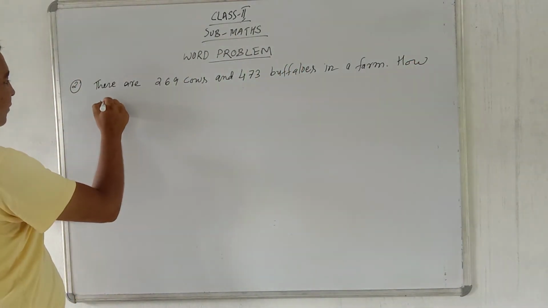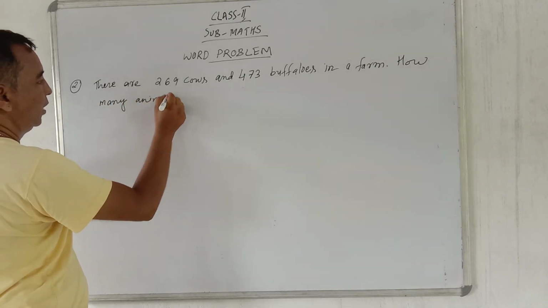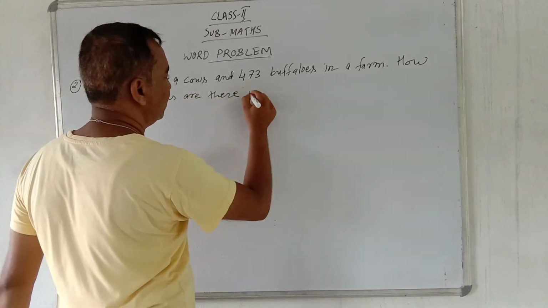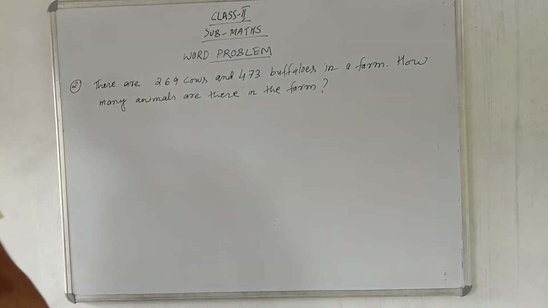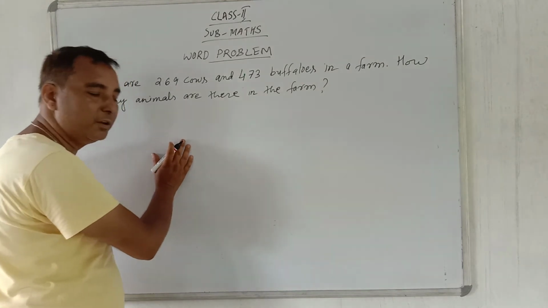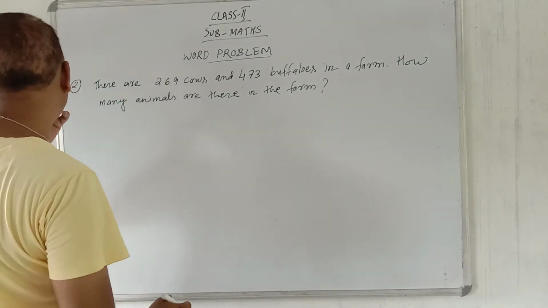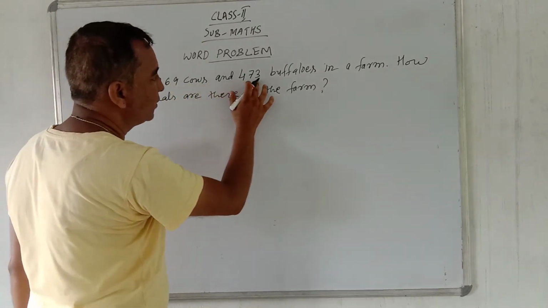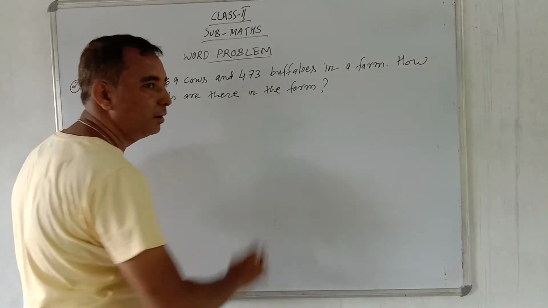How many animals are there in the farm? Now, please read the statement very carefully, so that you understand what the statement is actually asking us. So, there are 269 cows and 473 buffaloes in a farm. How many animals are there in the farm?